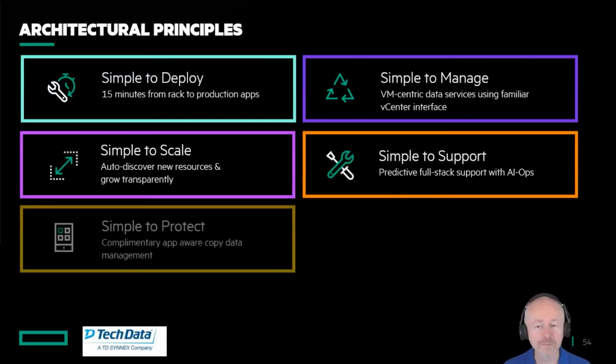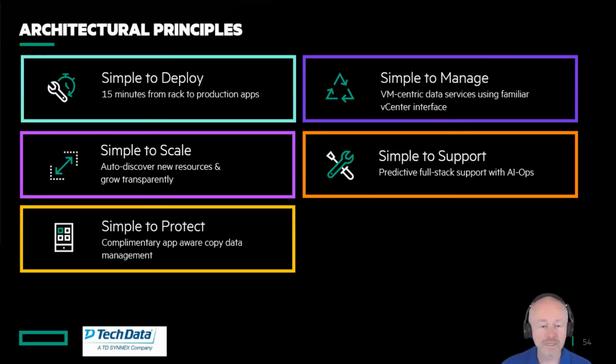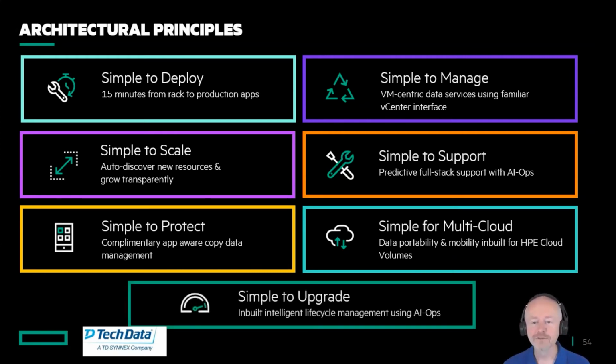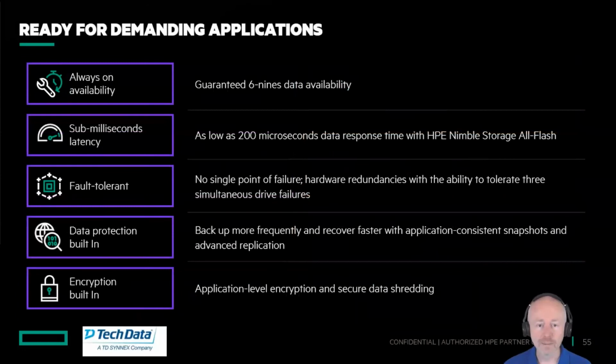Scalability, you're going to see in a minute how scalable it is. Simple to support because we have InfoSight. And when there's a problem, HPE support will come to you instead of you going towards HPE support. And yes, we also have HPE Cloud Volumes integration, so there is that multi-cloud integration as well.